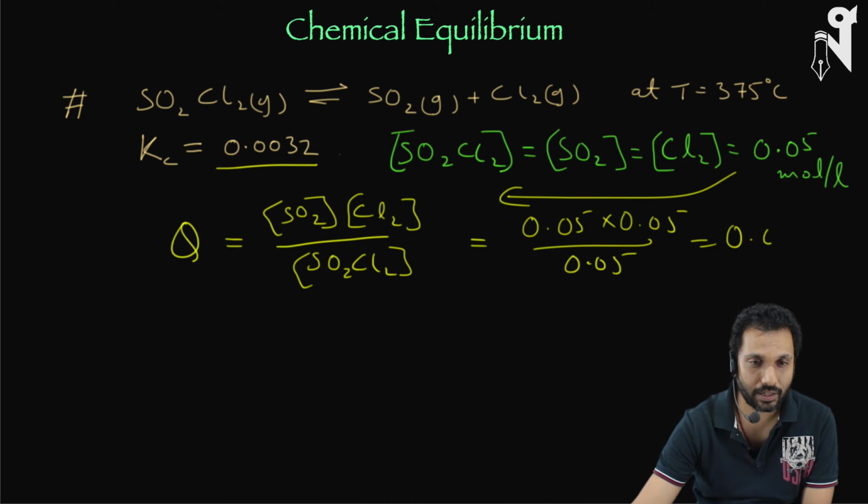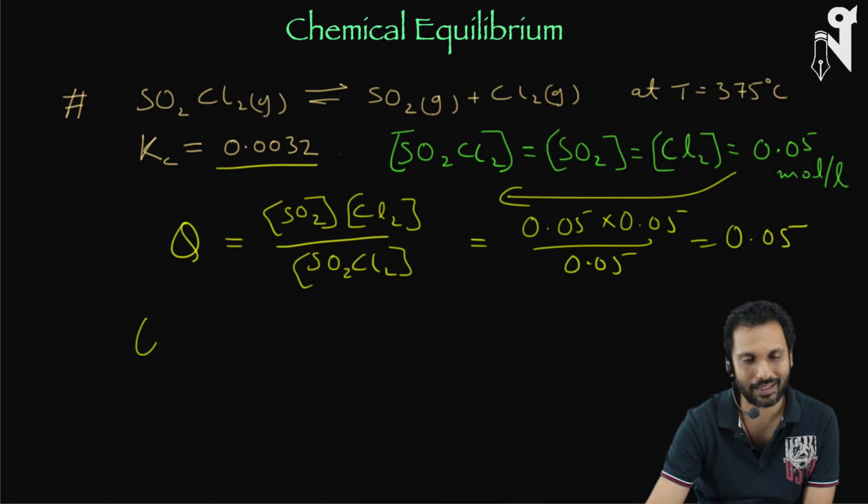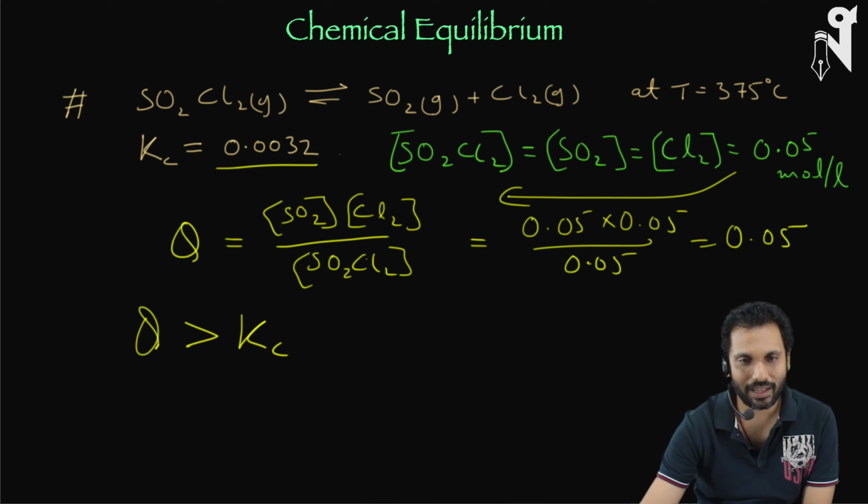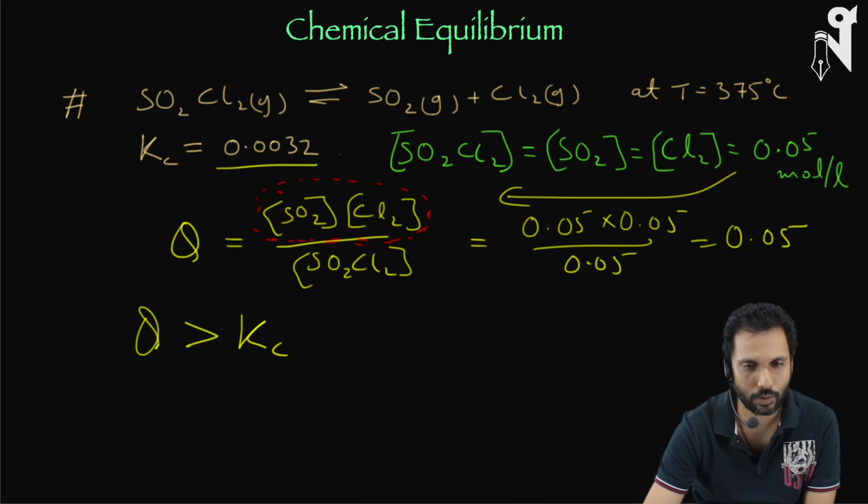Now we'll compare Q to Kc, and clearly Q is coming greater than Kc. It indicates that the numerator, the products, is higher than what we want, and the denominator is lower than what we want.